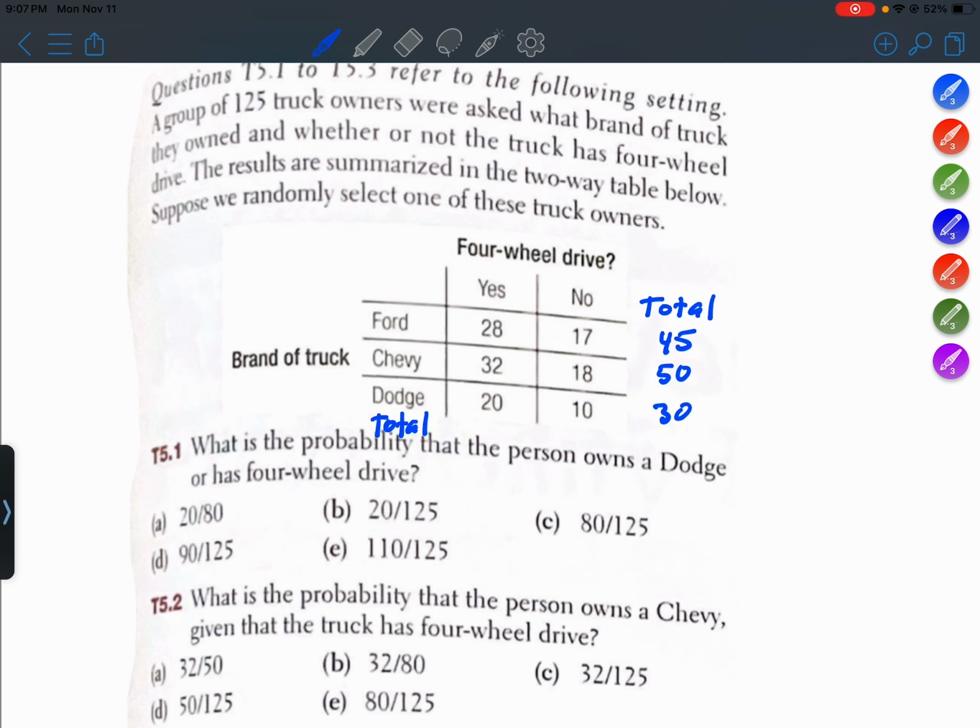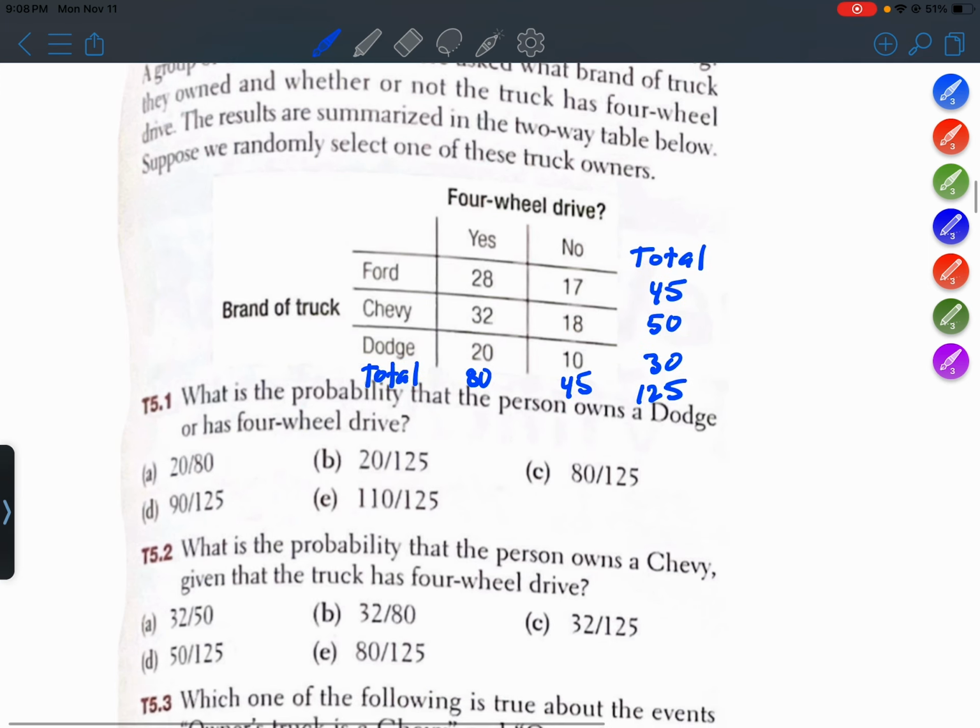Now for each column, 28 plus 32 plus 20, that's 80. 17, 18, and 10, that's 45. So the grand total is 125.